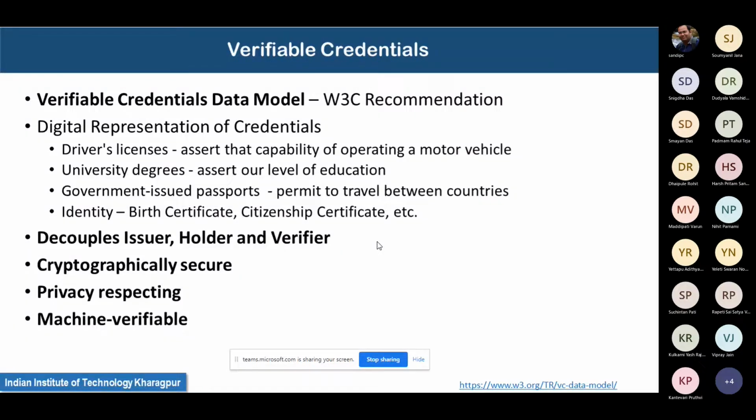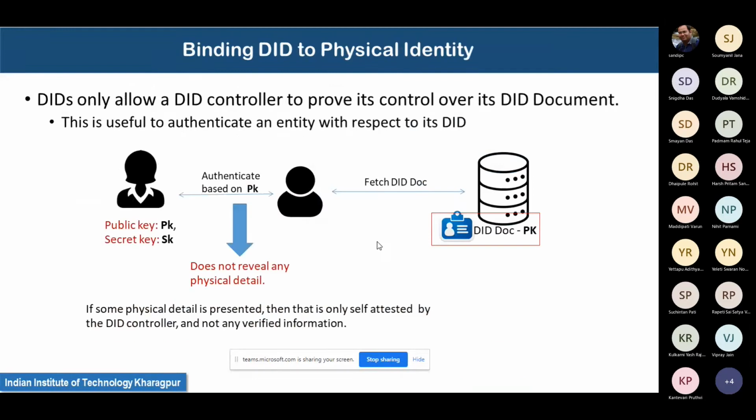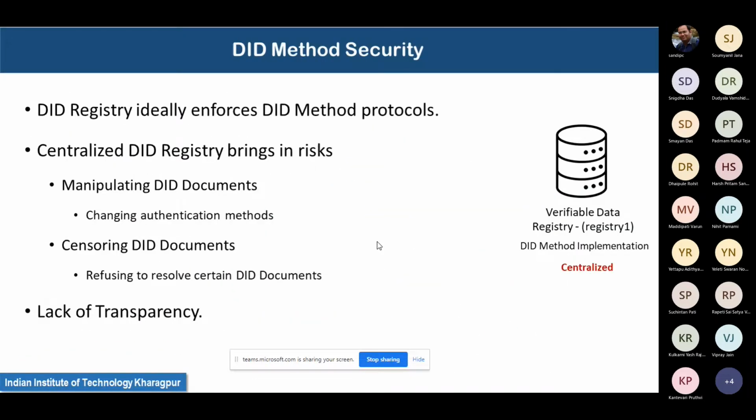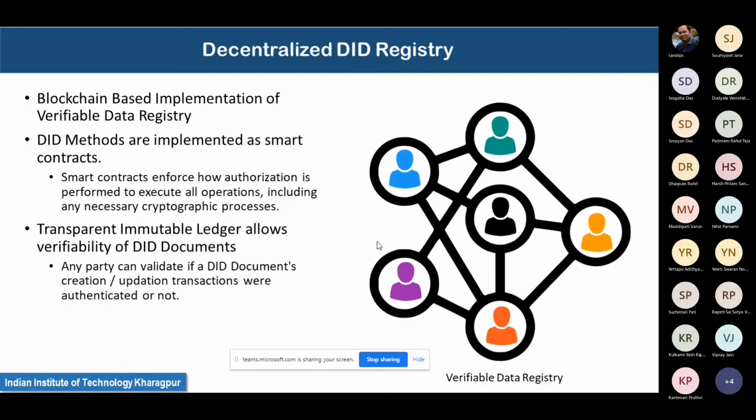Specifically, we also talked about DIDs, and we saw how these DIDs can be maintained in some data repositories, and how it has certain standards, specifically the ones set up by W3C. So these are the ones that we talked about, DID, and then we also discussed its security, and why we should go for decentralization of the DID registry.